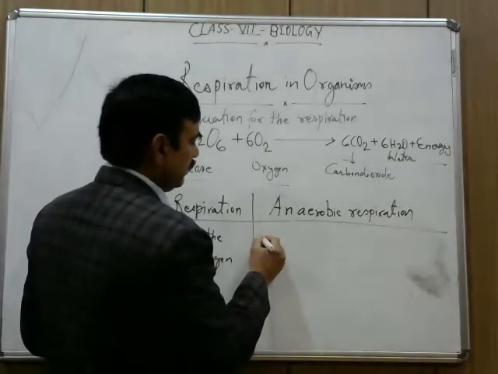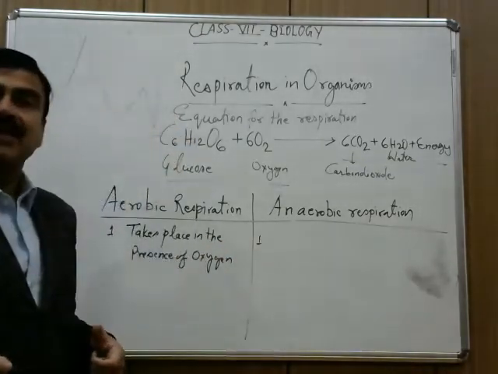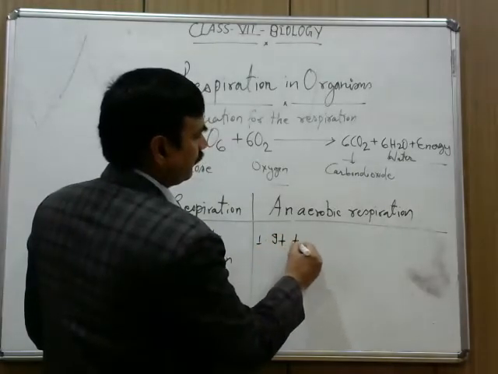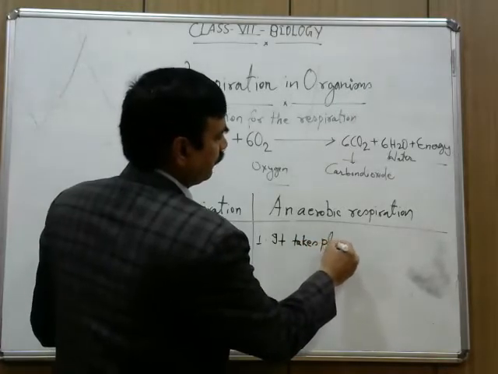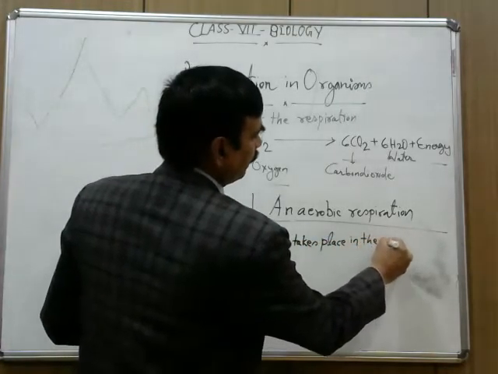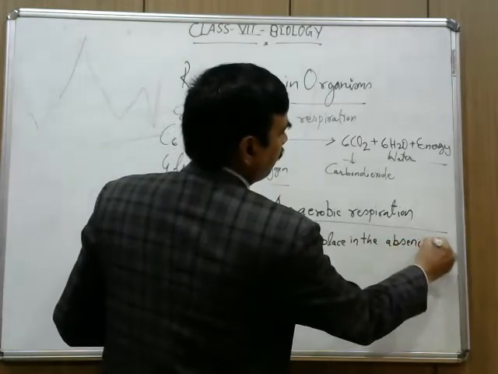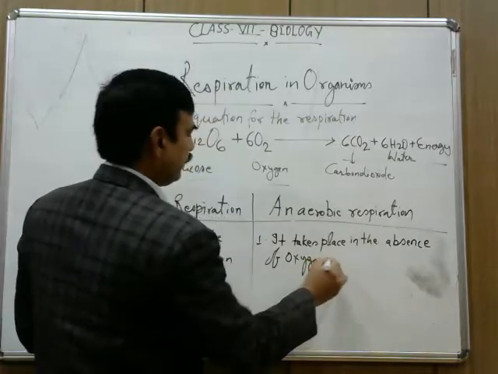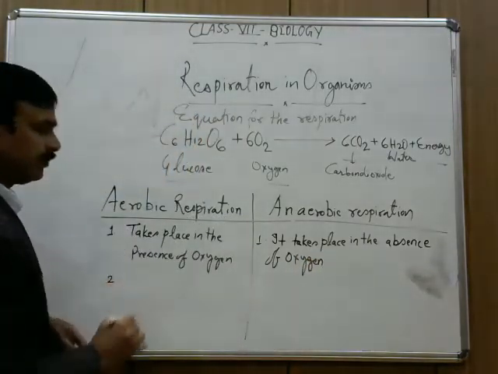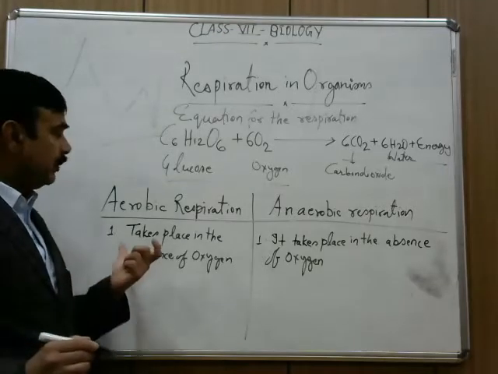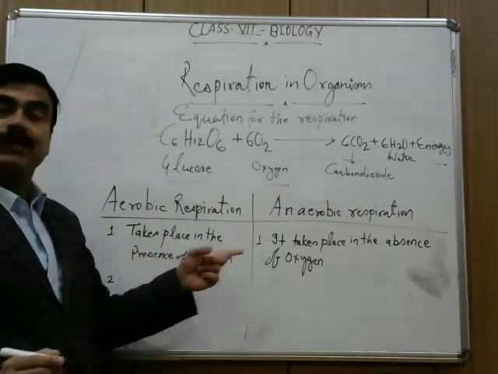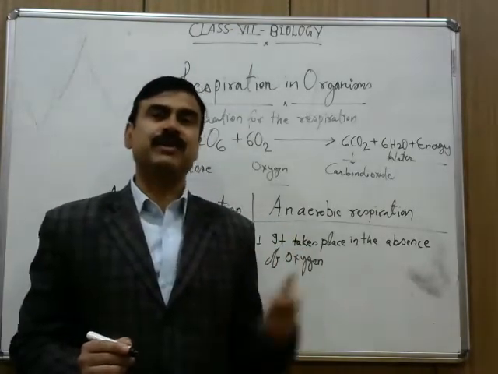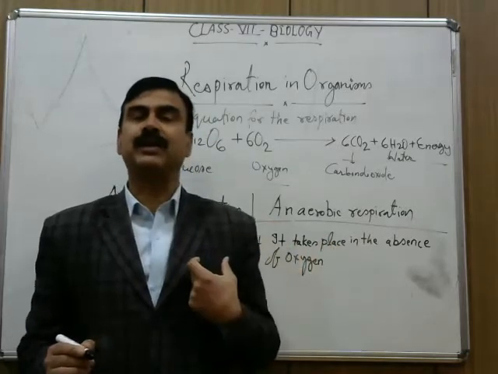Clear? And here we will write, it takes place in the absence of oxygen. Aerobic respiration takes place in the presence of oxygen, and anaerobic takes place in the absence of oxygen. Got my first point? The first difference between aerobic and anaerobic, right?